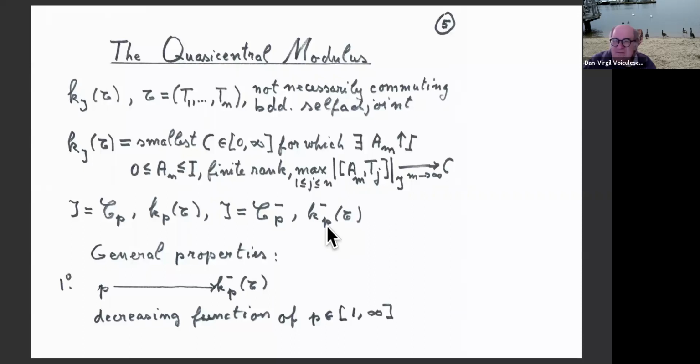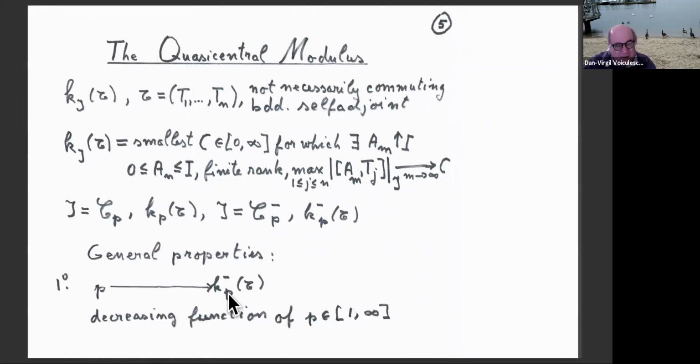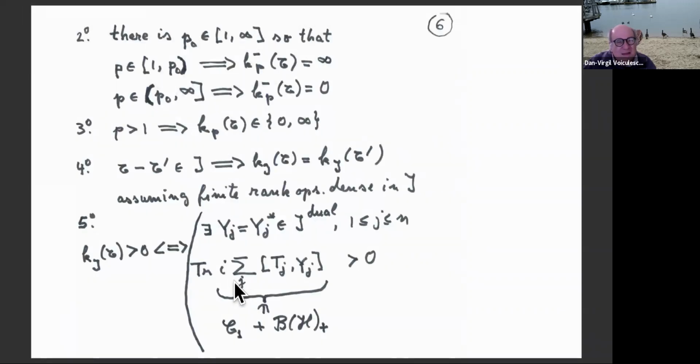They are more general, they hold for general normed ideals, but it is nice to see them on the scale of C minus P ideals. First of all, the tau is fixed now. From P to K minus P of tau, I have a decreasing function of P. That's the first property.